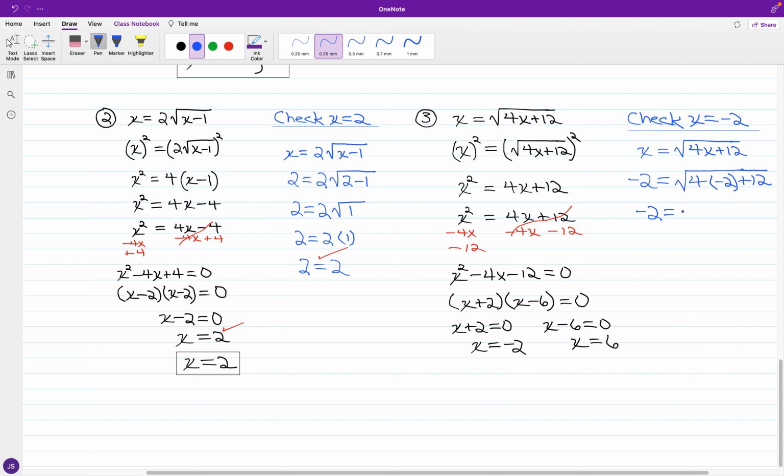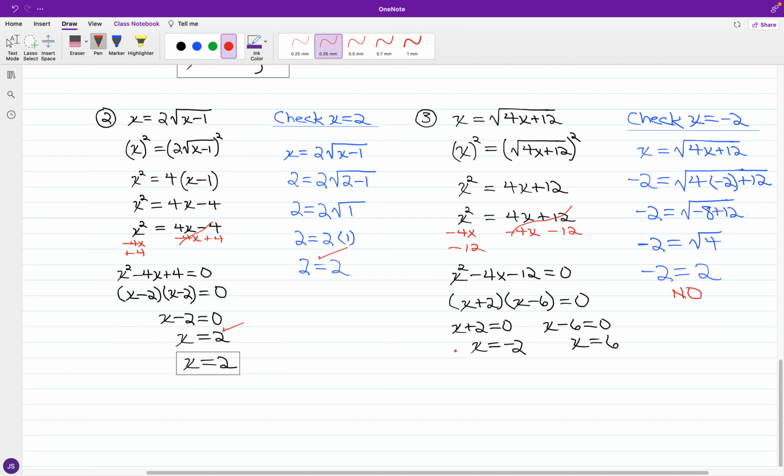And 4 times negative 2 is negative 8, and negative 8 plus 12 is going to be 4. And so we got negative 2 on the left. Now for the square root of 4, that's going to be a positive 2.